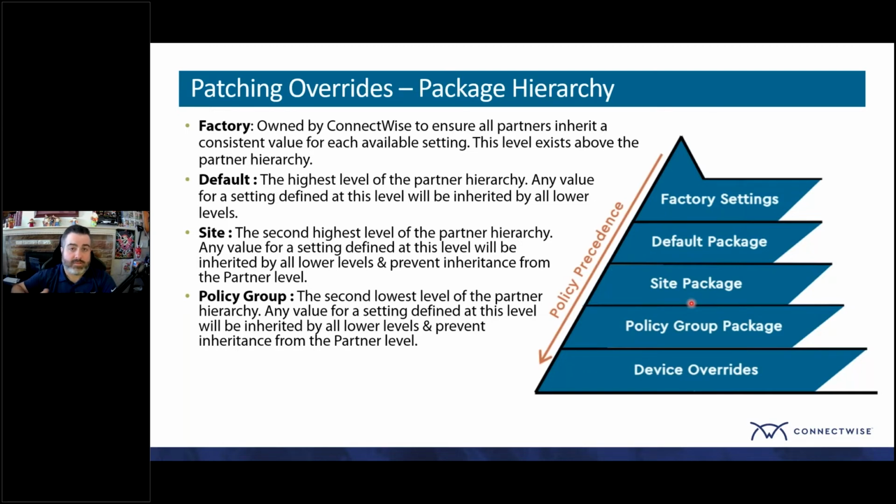So the rest of the machines at those sites can still patch under the normal default package or the site package, and they won't be following the policy group that I set up for those certain one-off machines.